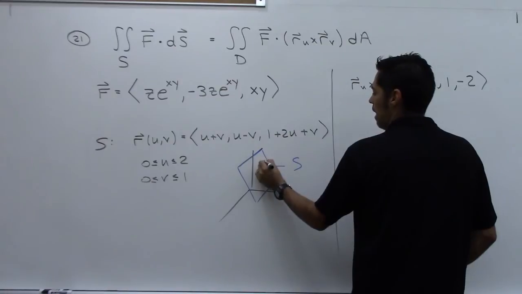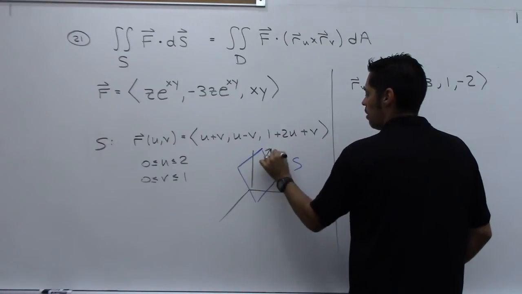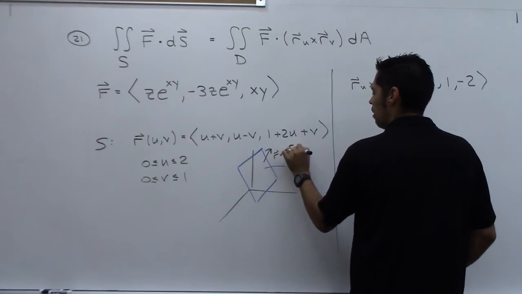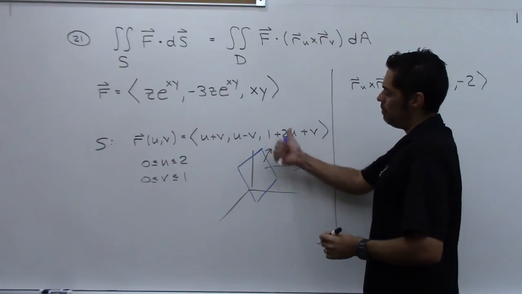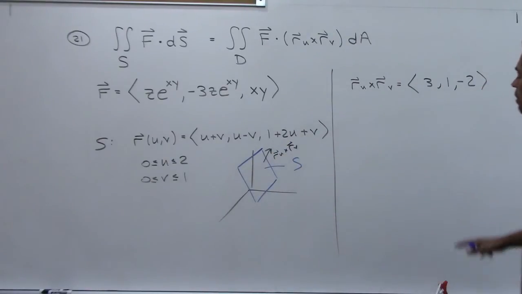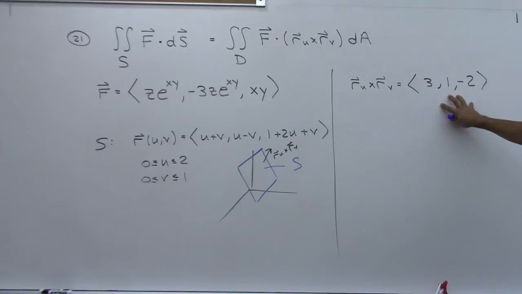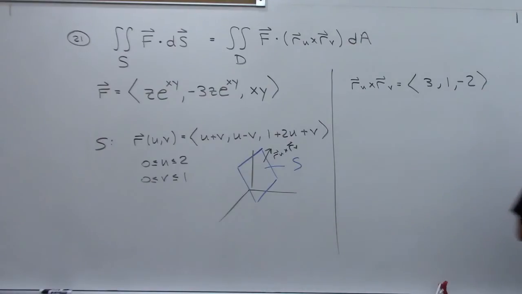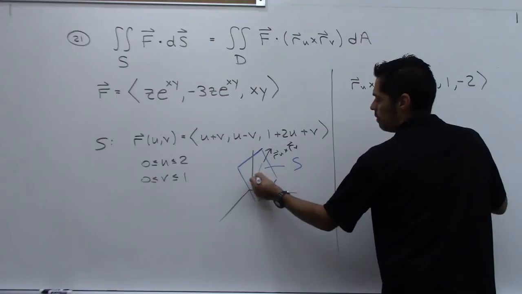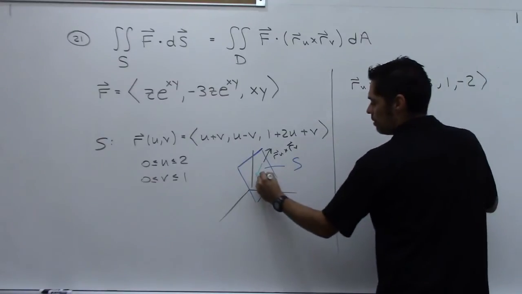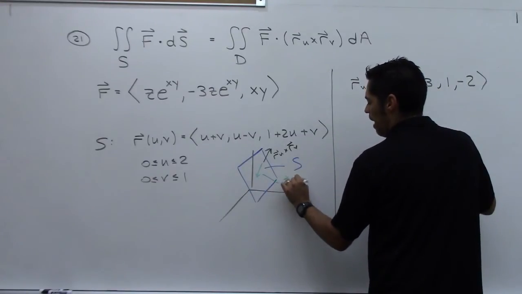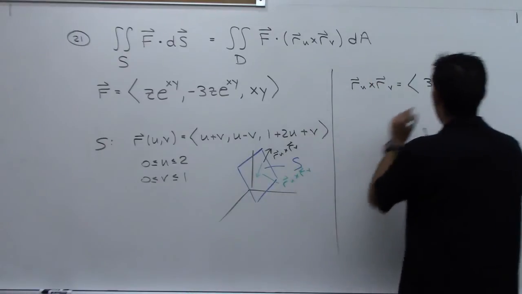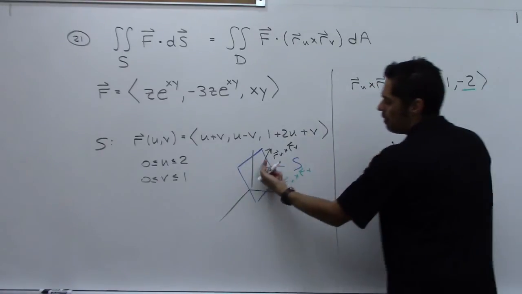We want them to be coming out like this. So we want our cross products to make sure that they're coming up. If this is our cross product, notice that the z component is negative, which means these are actually the ones that are pointed downward. That's what we have because of the negative component here. But we want them to be up.